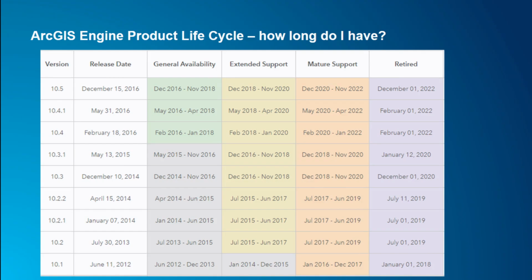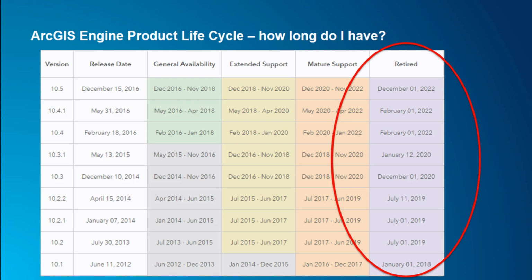So that's life cycle. If you're planning your movement from ArcGIS Engine to ArcGIS Runtime, the Engine product was released at 10.5 last December, and as you can see over in the retired side, you have plenty of time through 2022 to have supportability for your Engine applications at 10.5.